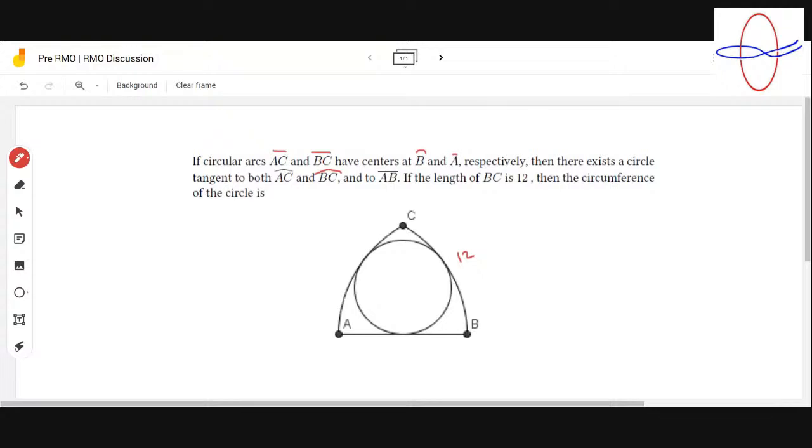Okay, so let's start. So we have two circular arcs, AC and BC. AC is also 12. Why do you think so? Who told that they are equal or not?